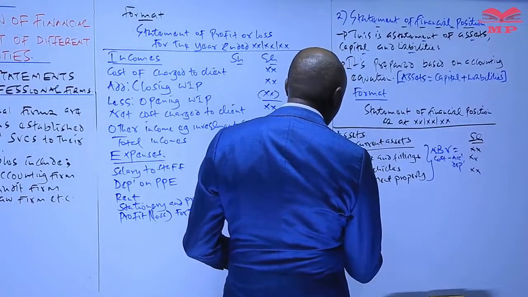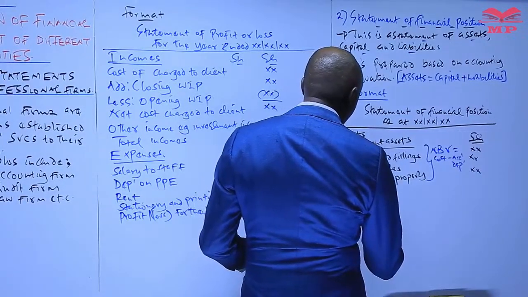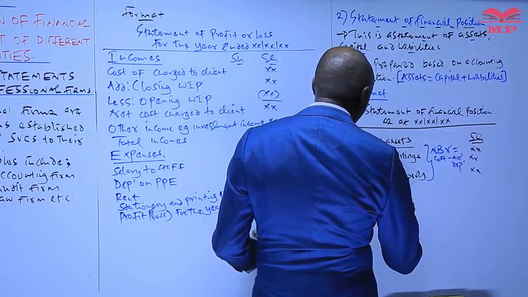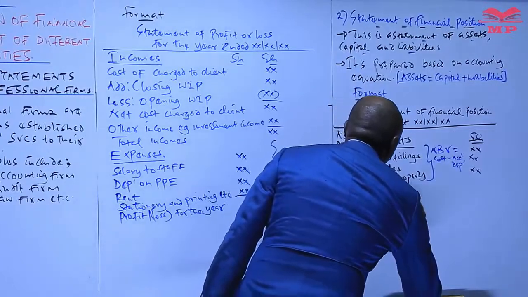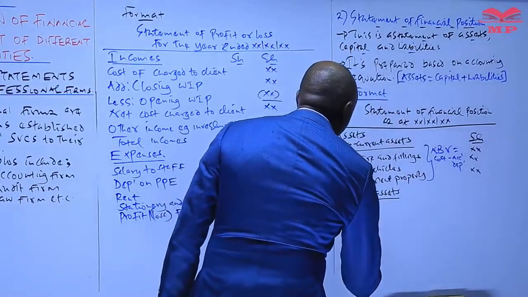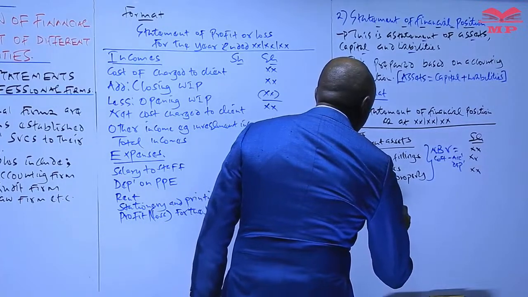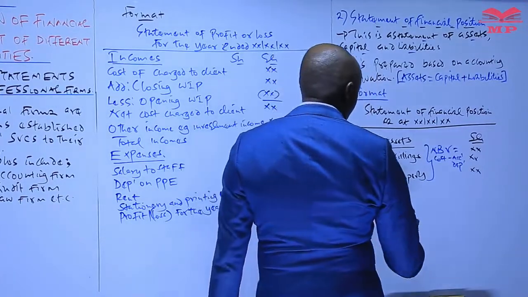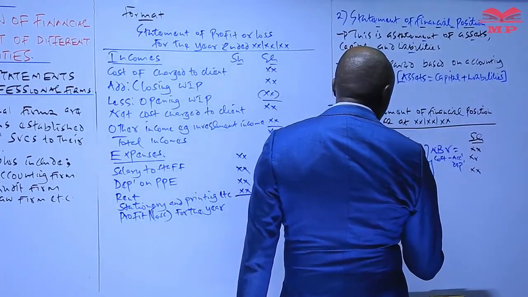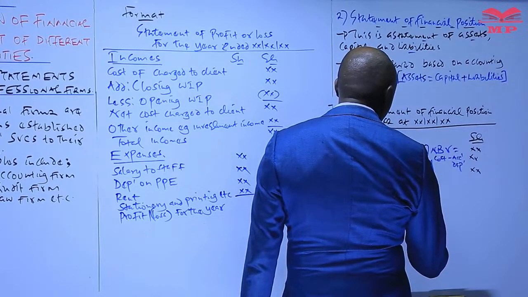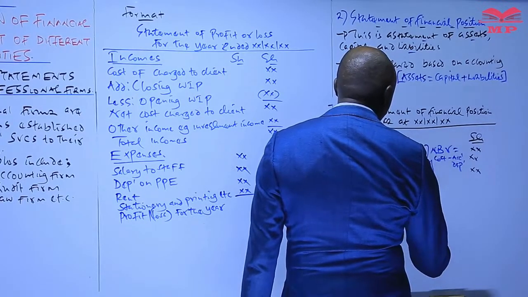Then from there we proceed and record the current assets. So the current assets include things like cash and bank balance, and this cash and bank balance will be the cash and bank balance in, first of all, something known as the current account.